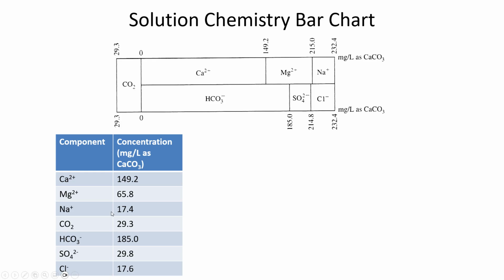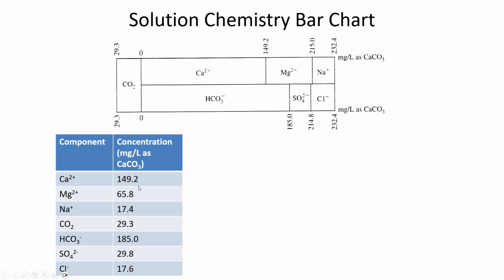And then just for charge balance, we add the sodium on top of that, but we won't be removing sodium. Sodium doesn't contribute to hardness in the water, so it's not a target of the softening reactions that we're going to be doing.